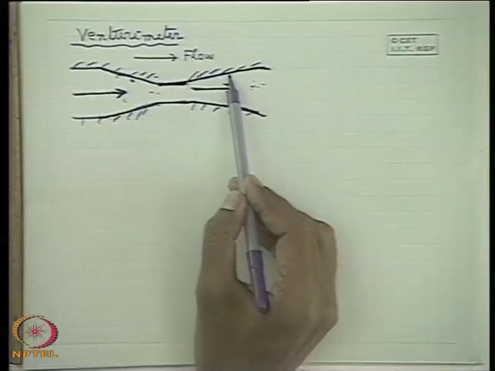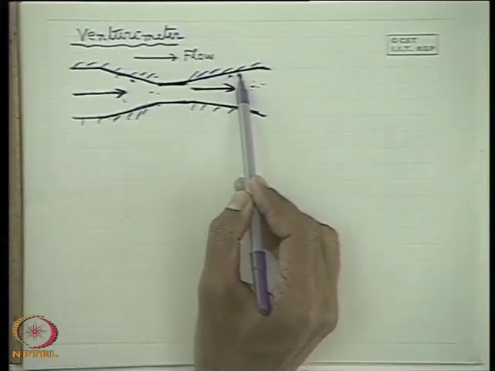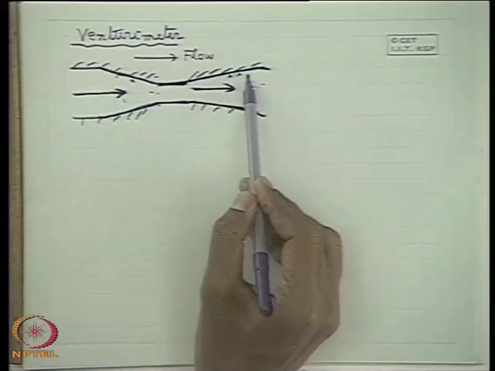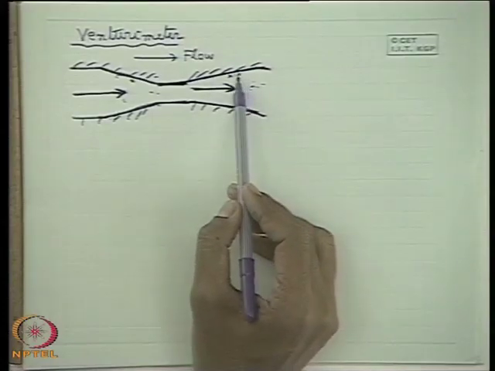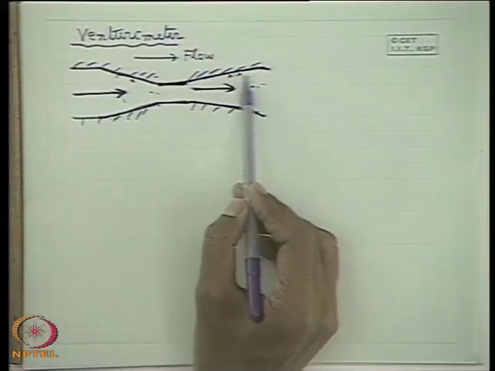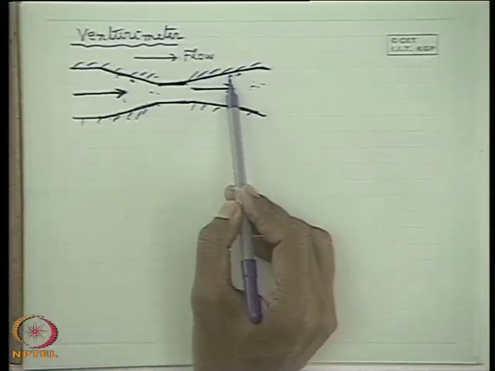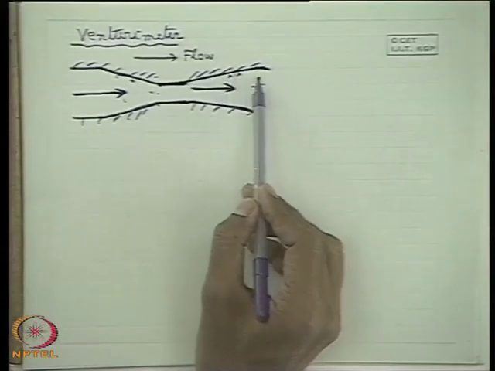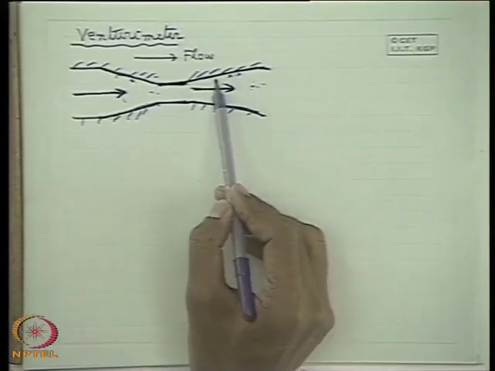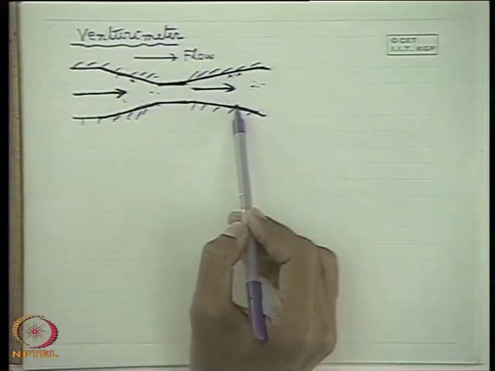The fluid particles very near the wall, which lose their kinetic energy because of fluid friction, cannot overcome this adverse pressure hill, and they flow back with the favorable pressure forces. That is the separation loss we discussed yesterday.